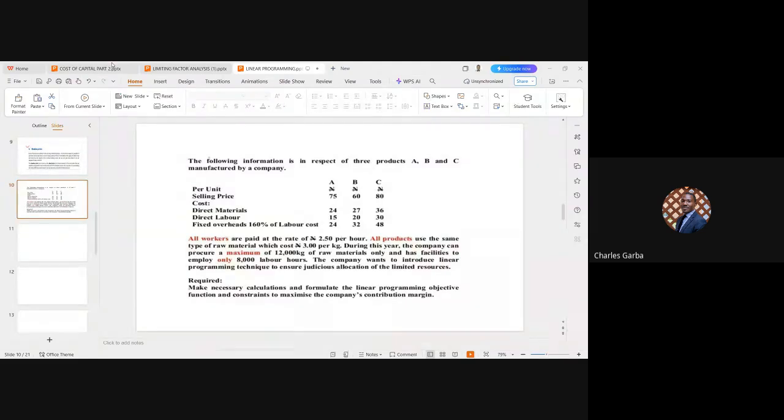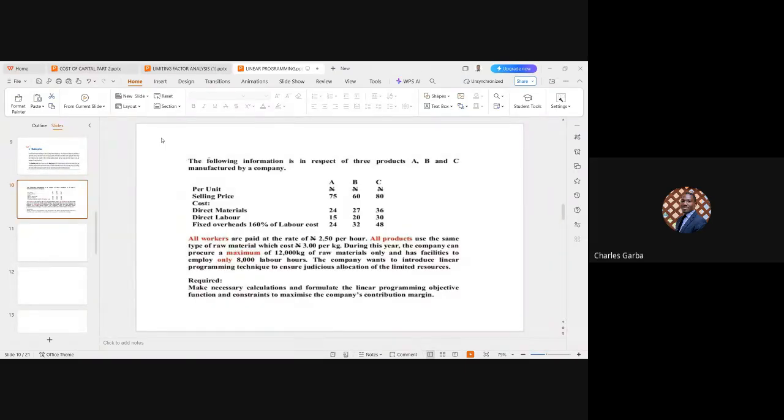It says the following information is in respect of three products, A, B, and C, manufactured by a company. And then it's classified here per unit: selling price for A 75, B 60, and then C 80.